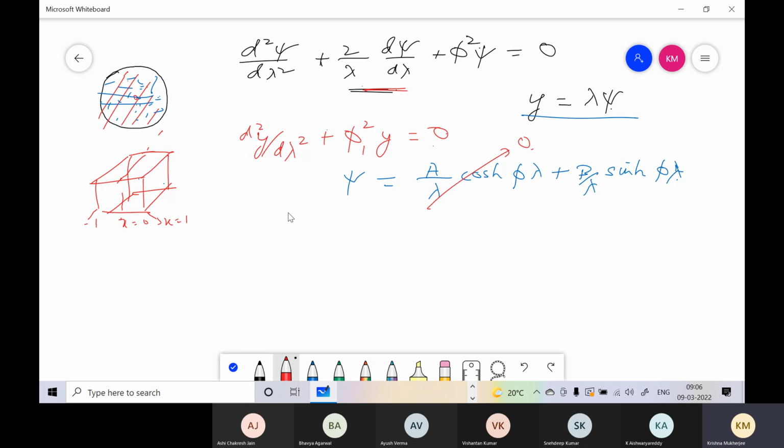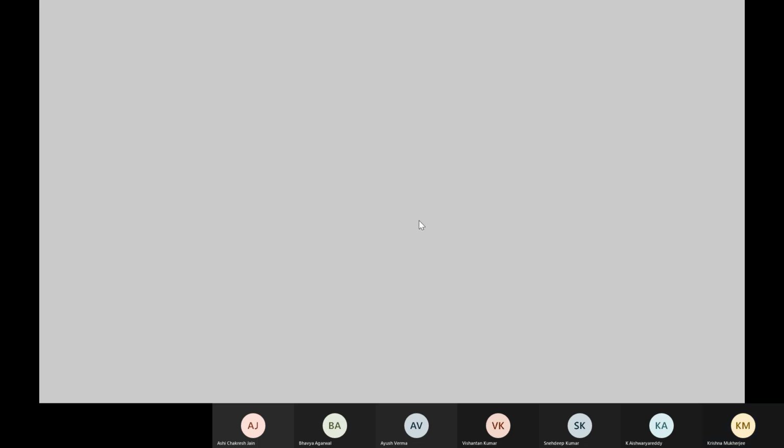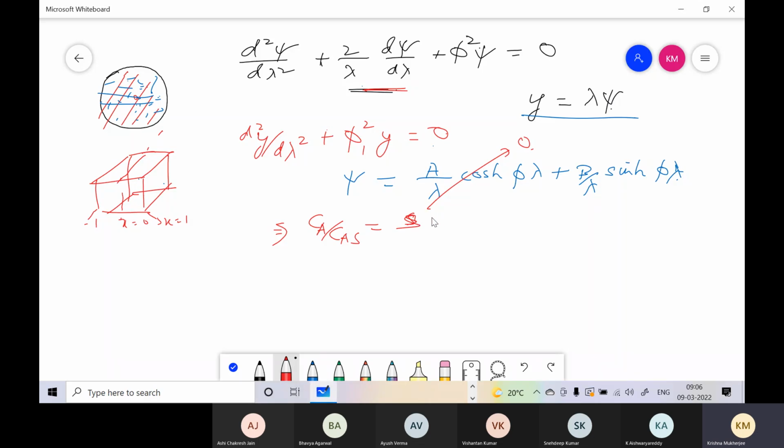And then we found B, and so essentially, what was the final expression? We got CA by CAS is equal to sine. No, wow, today it has started giving trouble. So any questions till this point?